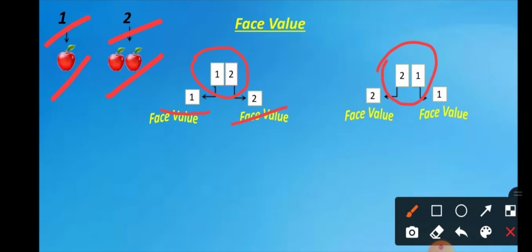In the second example, with the help of 1 and 2, we have made number 21. Okay. So, in 21, 2 is on tens place, right? So, face value of 2 is 2 and 1 is on ones place. Face value of 1 is 1. See, in this both example, in first example, 1 is on tens place. In second example, 1 is on ones place.